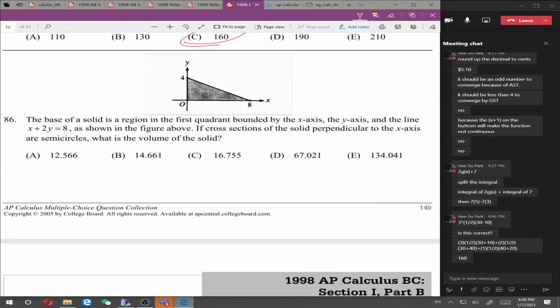Okay, back to Eric. We've got the base of our solid is this region in the first quadrant bounded by the x-axis, y-axis, and our line. Cross sections perpendicular to the x-axis are semicircles. I want to know what is the volume.